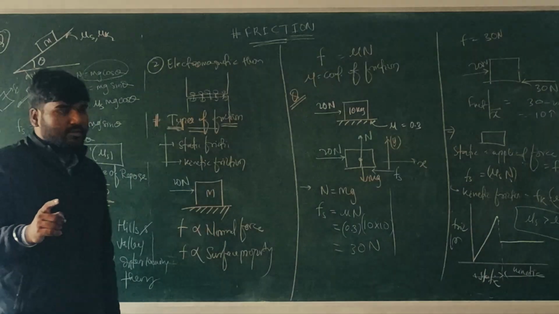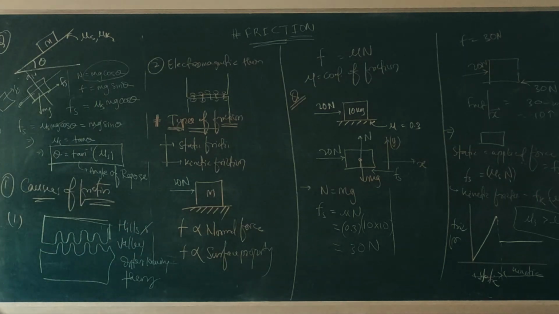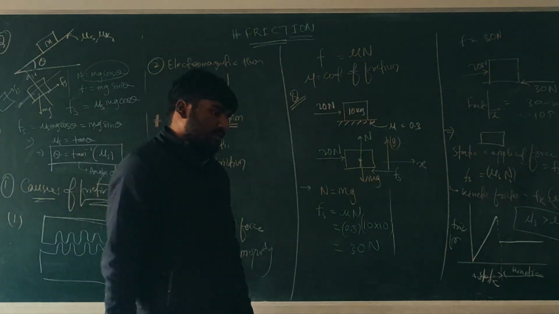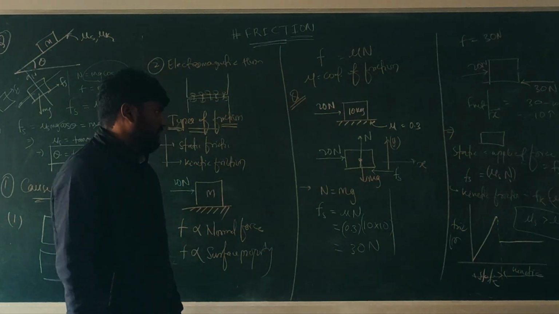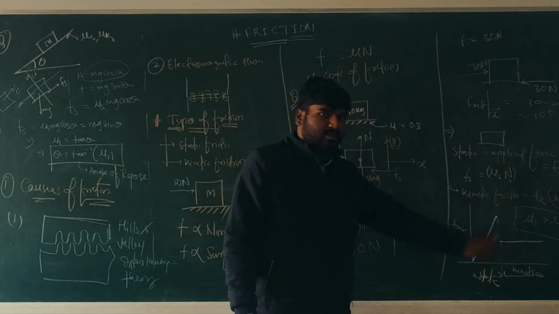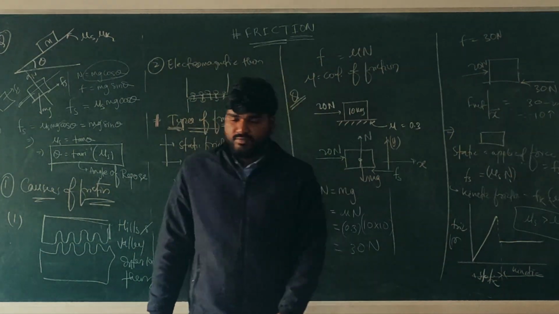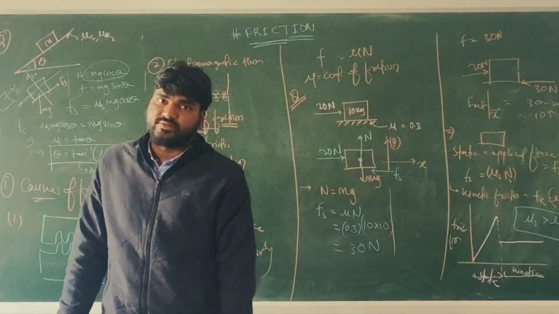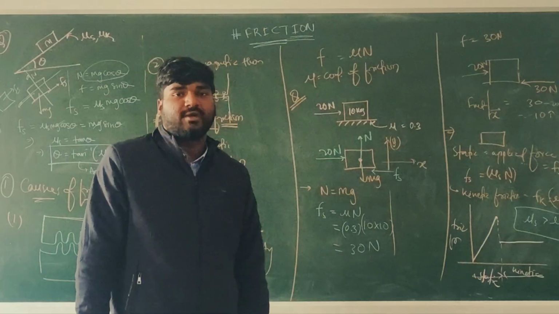Understood? Right? So we will stop here, and I hope you understood all this. There are two formulas which we studied in this class. One is Fs and Fk. Fs is the static friction, Fk is the kinetic friction, and mu s and mu k are the surface properties.